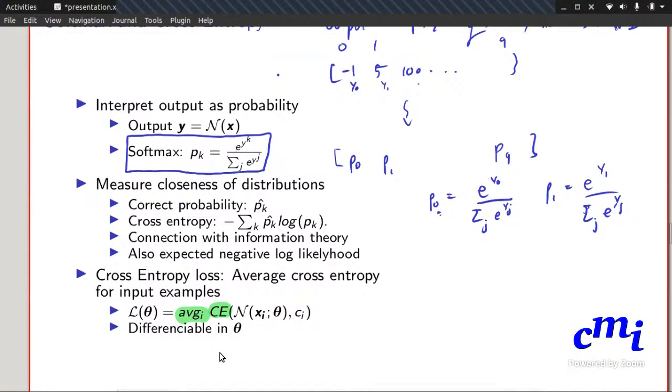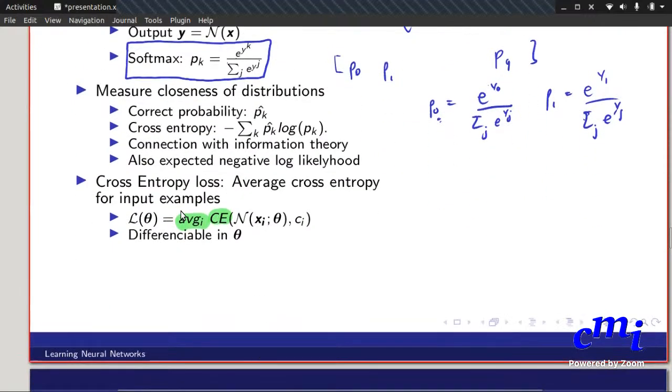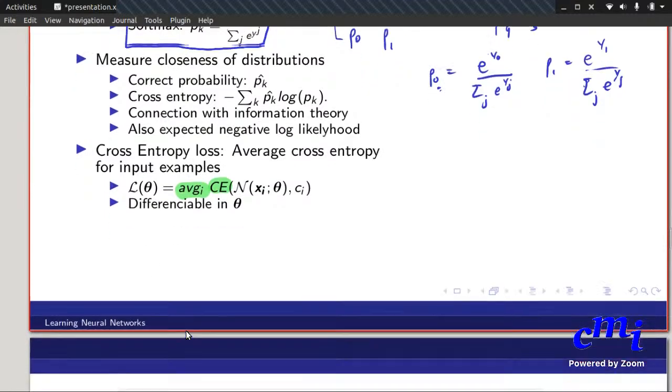Interpreting the output as a distribution can be done via the softmax, and then the cross entropy can measure differences between the distribution in the data and the distribution produced by the neural network. The average of the cross entropy is how one can define this loss function.